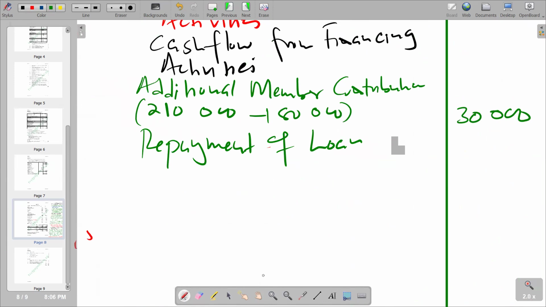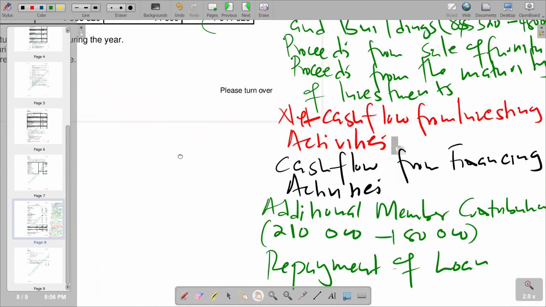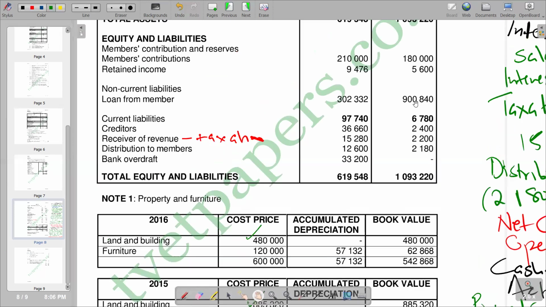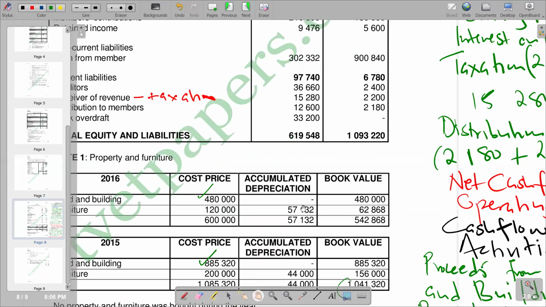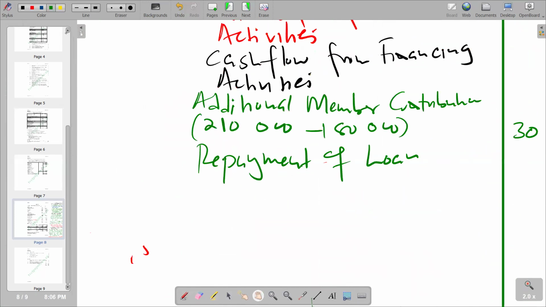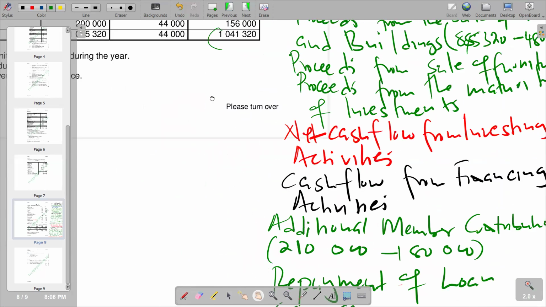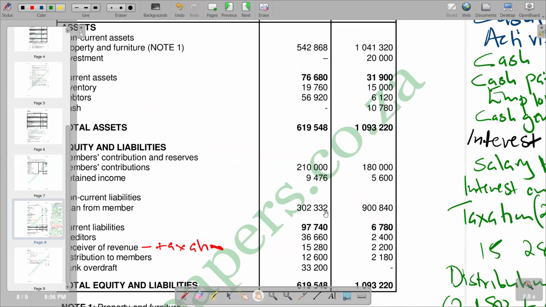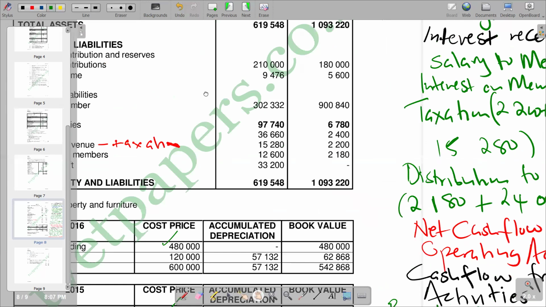And then we can just check the calculations, whereby we are saying it's from 900,840, then we subtract the one for the current period, which is 302,332.